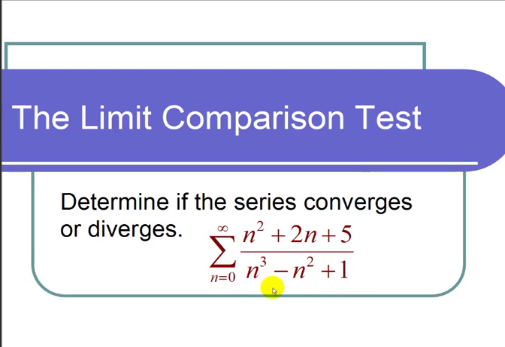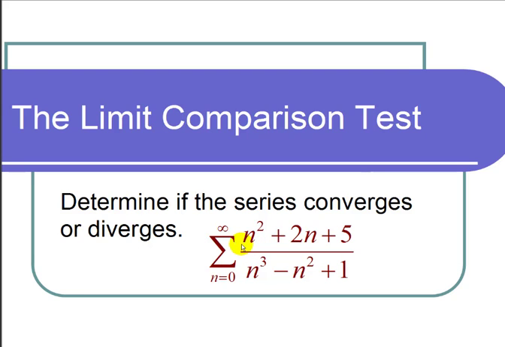So here what we want to do is find a series that we know about that we can compare this unknown series to. And the technique is we look at the numerator and the denominator and we just focus on the terms that are the highest power in each.